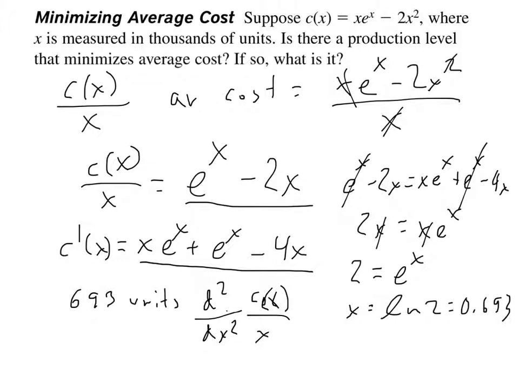So the second derivative of this, basically. If I do the first derivative, it's e to the x minus 2. The second derivative would just be e to the x. So that's equal to e to the x. That is positive the whole time, meaning that it would be concave up. So yes, that would be a minimum value there.